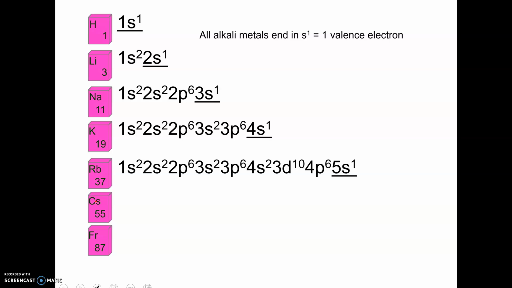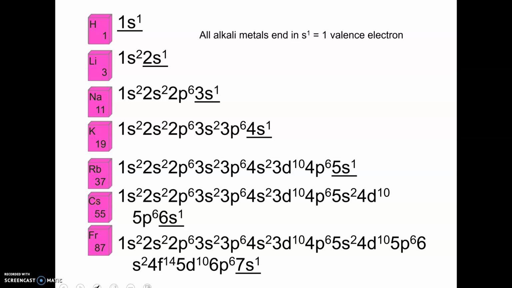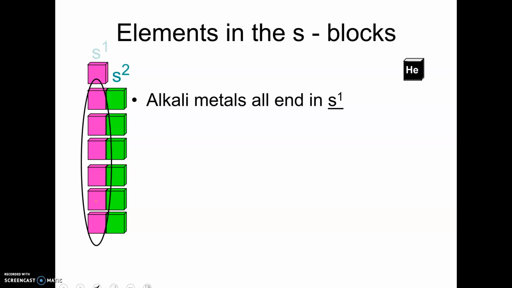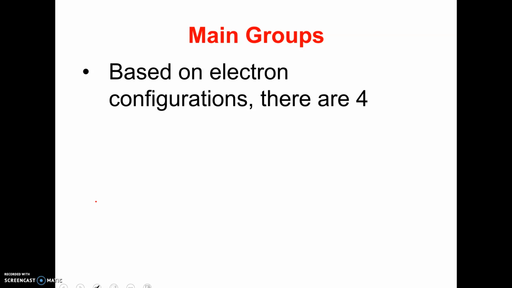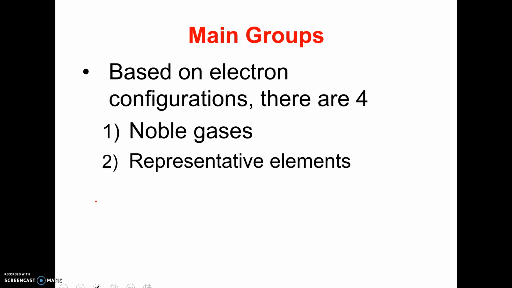All right, and this is just showing what I just said. So notice how everything in our first column, our alkali metals, all end with s1. And then same thing with our alkaline earth metals, they all are going to end in s2. And this just keeps going. Now the main groups, there are four main groups: the noble gases, representative elements. Now remember, this came up earlier and included the noble gases because it was everything in those A groups.